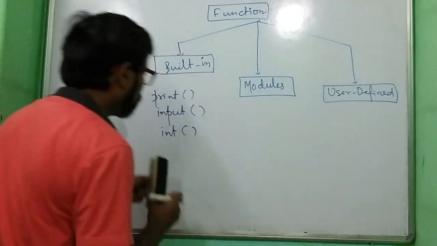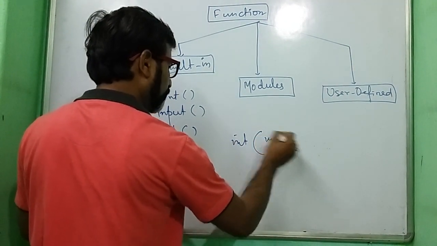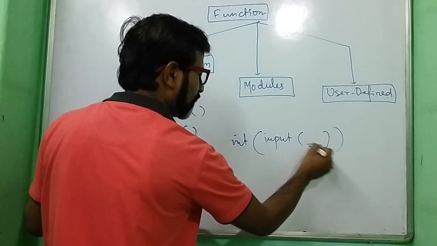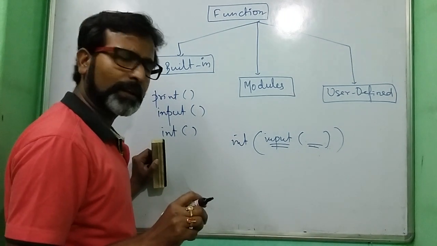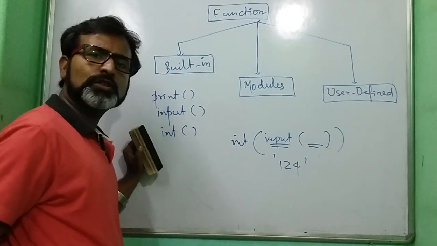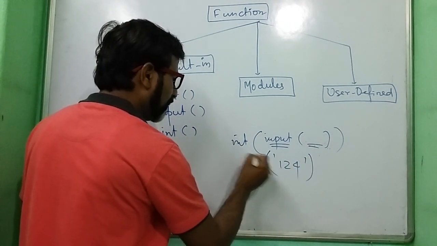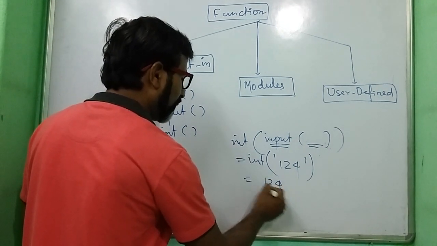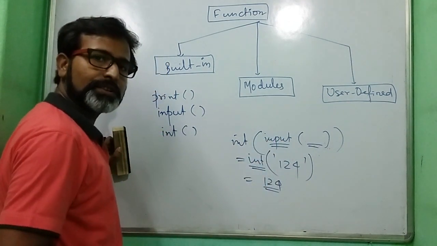How we wrote, if you remember, int, then input, and then this. Why have we used this? Because whatever you enter, the input function reads the data in the form of a string. So even if you enter a number, it is stored as a string. So ultimately I will get 124 as a number. So the int function does this kind of conversion.